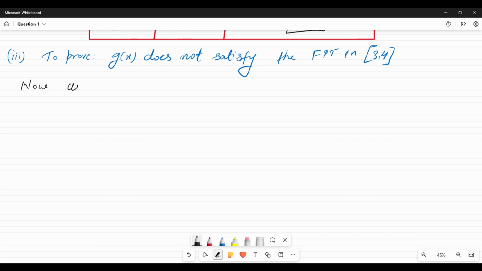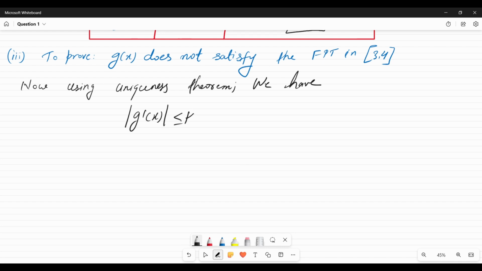Now using the uniqueness theorem, we have mod of g'(x) should be less than or equal to k, and k is less than 1. So here g(x) is equal to (x square minus 1) by 3.